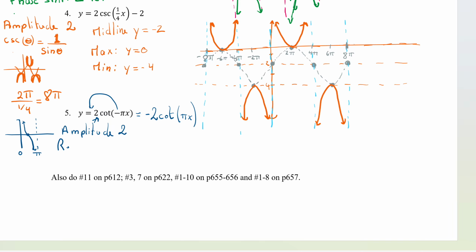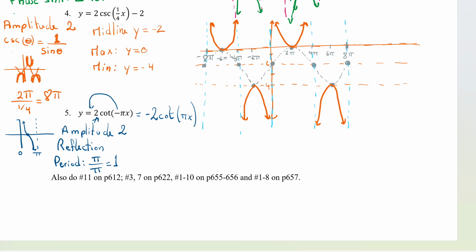Therefore, we have a reflection. So the function, instead of being decreasing like my parent function, is going to be increasing. We have a b value of pi, and normally the period is pi over b, so because we have a b value of pi, the period just becomes 1.